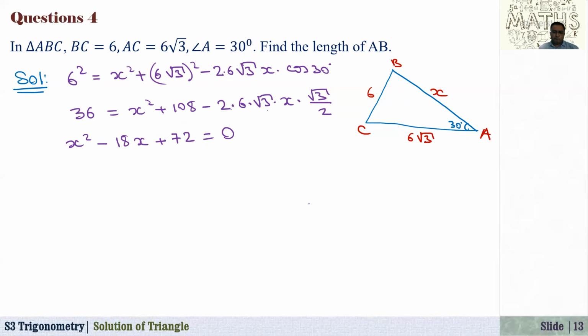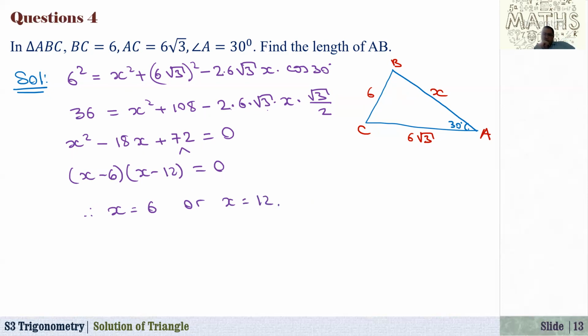So it is 18, 2 times 36, 4 times 18, 6 times 12. Right, actually we can just write as x minus 6, x minus 12. So I can factorize that: (x minus 6)(x minus 12) is equal to 0. So x is equal to 6, or x is equal to 12.